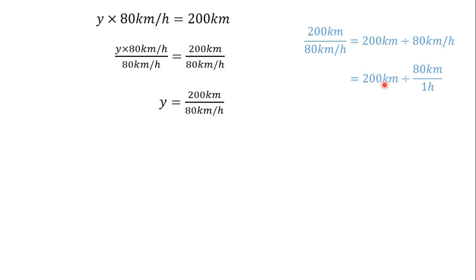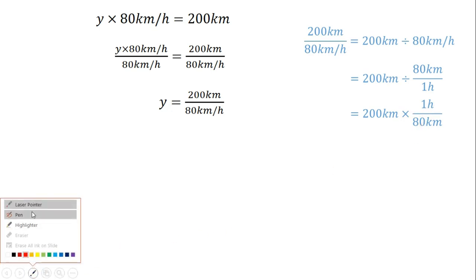So we will have 200 kilometers divided by 80 kilometers divided by 1 hour. From fractions, we have learned that this can be written as 200 kilometers times 1 hour divided by 80 kilometers. We learned this in fractions, so you can watch the videos on fractions to understand this clearly. So we have 200 kilometers times 1 hour divided by 80 kilometers.